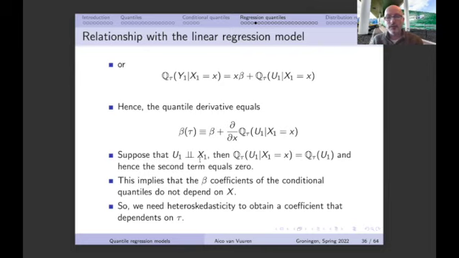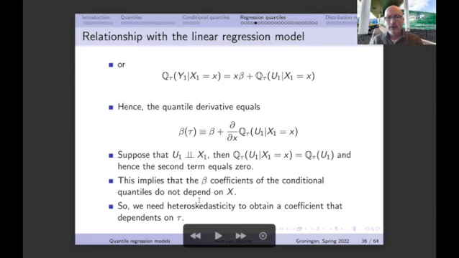Well, that has a very special name in econometrics. That is called heteroscedasticity. So at the moment that we have heteroscedasticity, we do have that u1 is not independent from x1, because the second moment depends on x1. Then at that moment in time, we do see that regression quantiles are different from the linear regression coefficients.